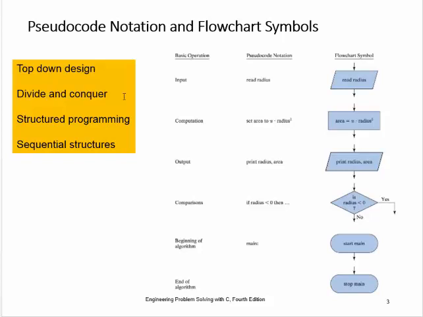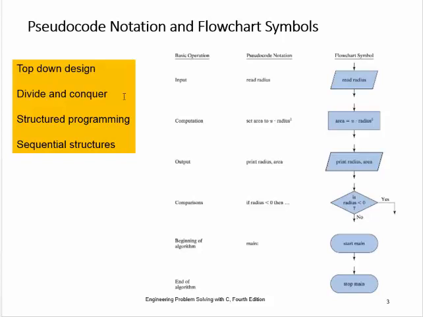The kind of programming that we're working on right now is called structured programming. This means that our program has certain structures in it. We have control structures in our program. And all of our programs are also using sequential structures. So one structure will get executed, then the next structure will get executed, and everything as the program progresses is executed sequentially.